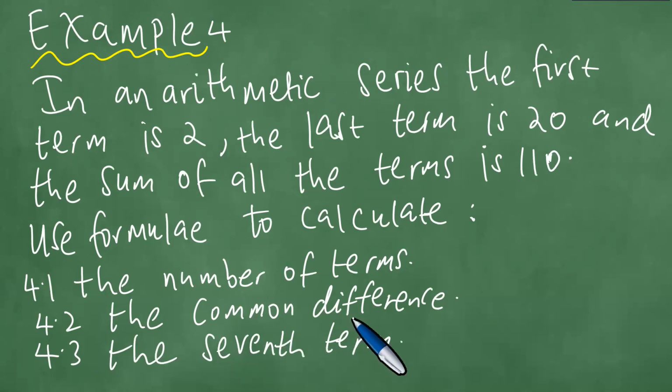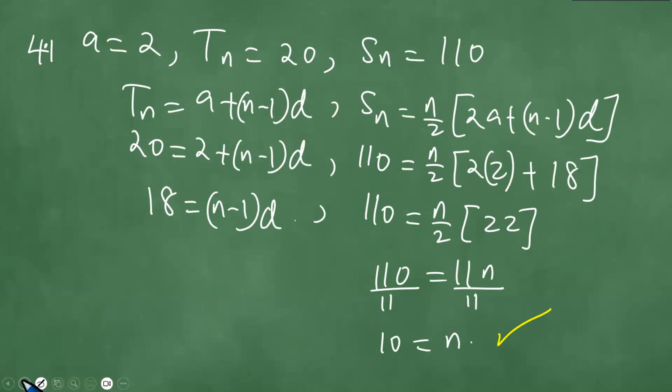Right, so the common difference is D, so we're looking for D. Any formula that has D can be used. Doesn't matter which one. So you can use this one here.